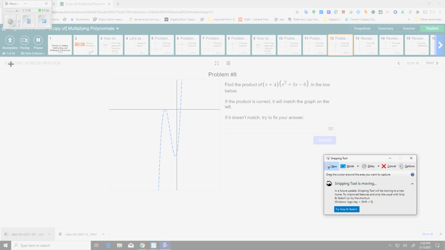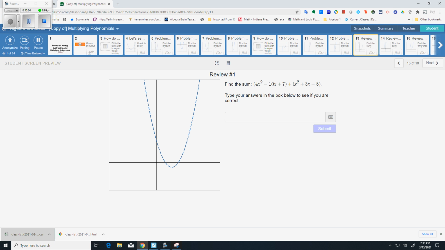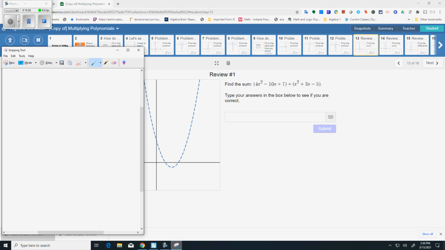And now we're just going to add and subtract polynomials together. So this one, it wants us to add 4x squared minus 10x plus 7.